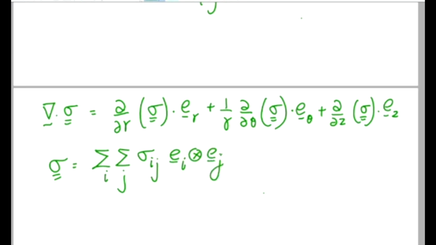But here E1, E2, E3 are not along x, y, z. They are along r, theta and z. So E1, for example, is Er, E2 is E theta, and E3 is Ez.